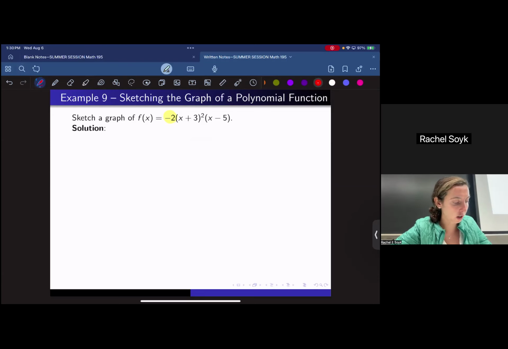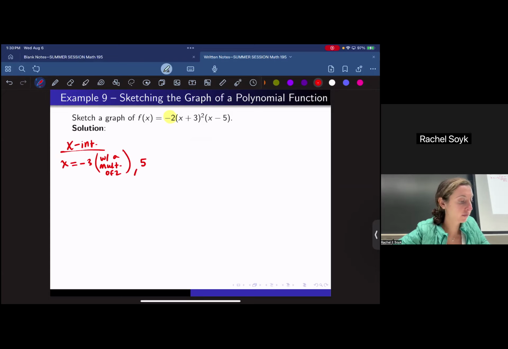But let's start off simple. Let's just look at our x-intercepts. We have our x is equal to -3. This is with a multiplicity of 2. And then we have x is equal to 5. So we're dealing with another cubic function. Your highest degree is 3.